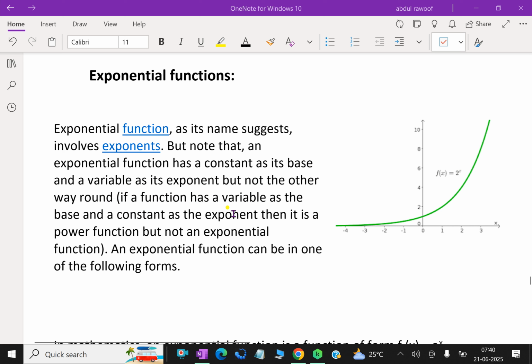If a function has a variable as the base and a constant as the exponent, then it is a power function, but not an exponential function. In an exponential function, the power should be variable.